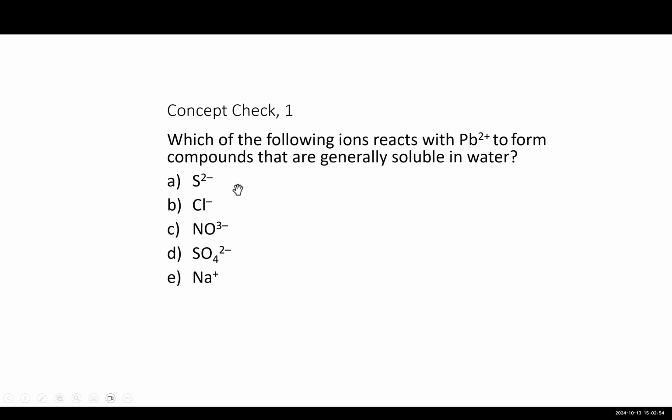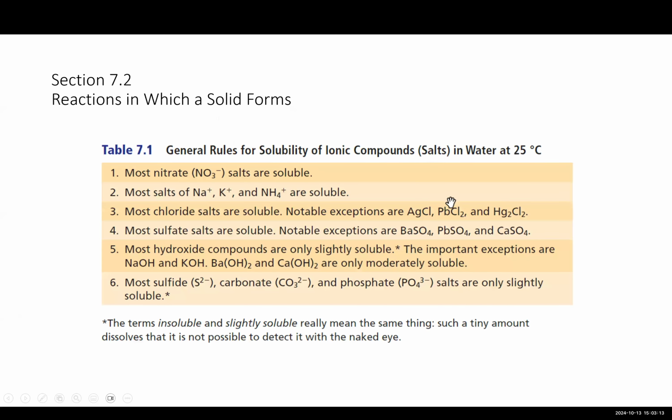Then the sulfide ion, if you go back to the solubility table, is generally insoluble with pretty much any salt. There might be very few exceptions, but those are not included with lead. So it's not soluble. Sulfate also, you can take a look at it. Lead sulfate is insoluble because it's an exception to the soluble rule.